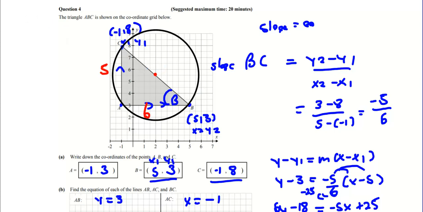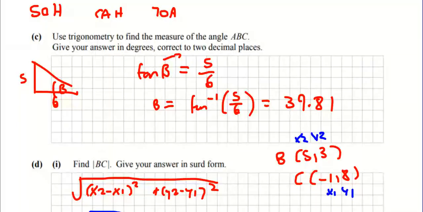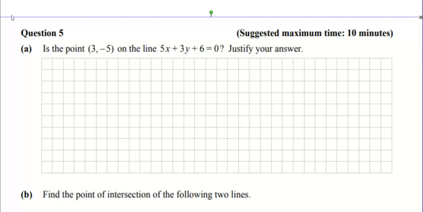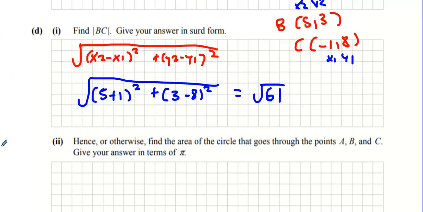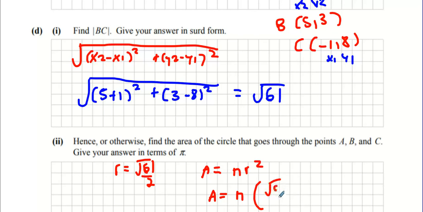So your radius is going to be root 61 divided by 2, and your area is pi r squared. So area equals pi times root 61 over 2, squared.